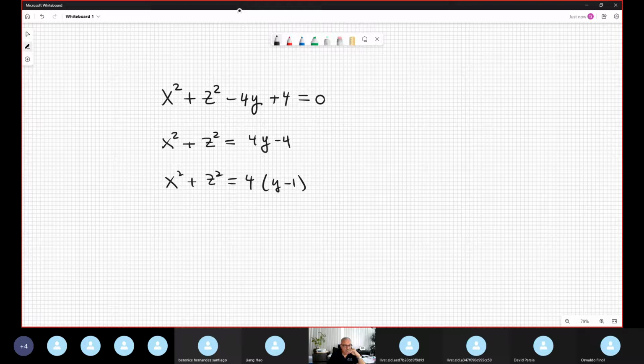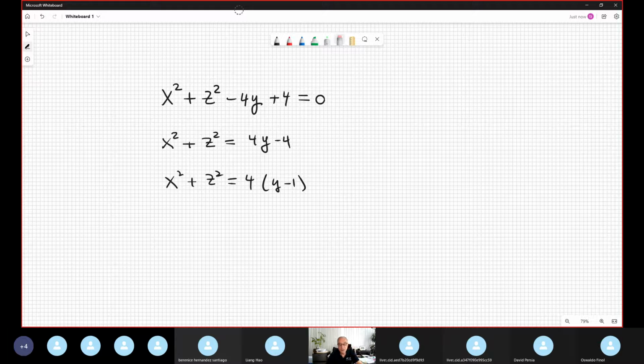Okay. I promise that in a few seconds I want to explain one fantastic technique to analyze this. But okay, intuition now is important. You see, for example, if you omit the z, if you ignore the z, this is a parabola in the xy plane. If you omit the x part, it is another parabola.